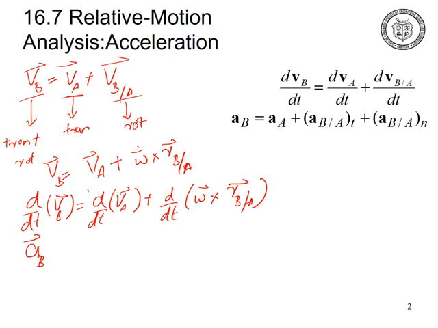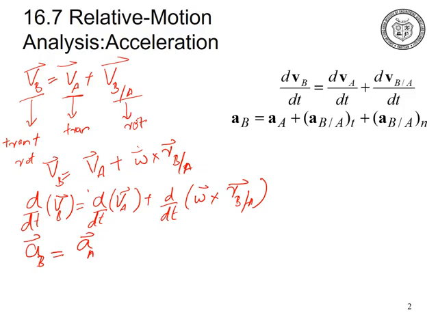The time derivative of the absolute velocity becomes absolute acceleration. Similarly, the particle A position, velocity and acceleration are measured with respect to the fixed inertial frame of reference, so it becomes AA.